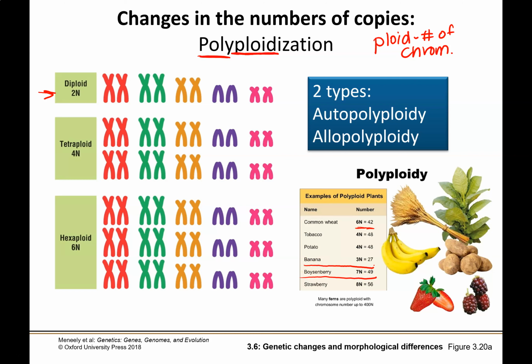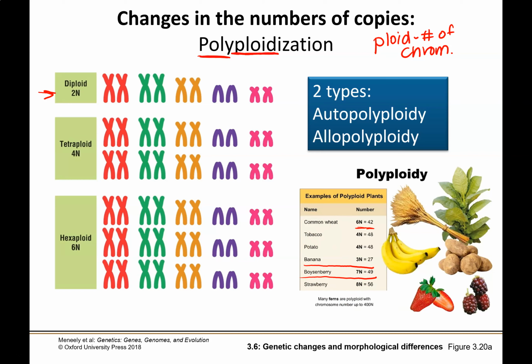Banana, 3N equals 27. When you have these odd numbers of chromosomes, that actually affects meiosis and cell division and reproduction. So the odd numbers tend to be things that are cultivated by hand. But a lot of our crops, you'll notice that all of these are things that we eat or use.